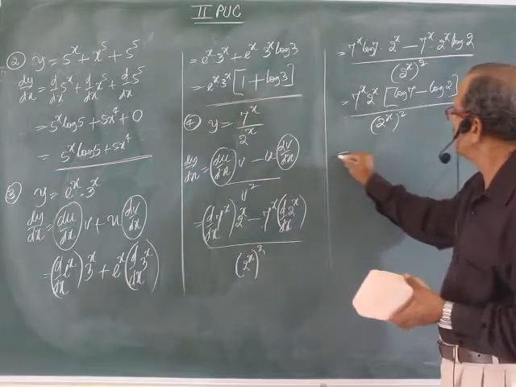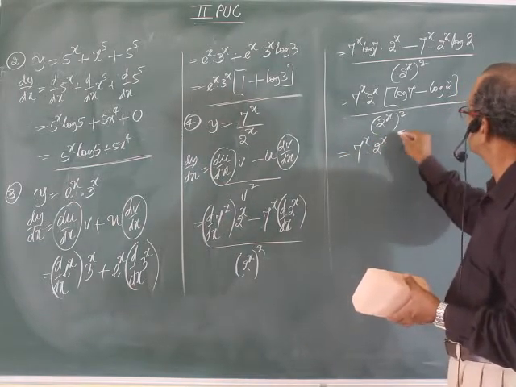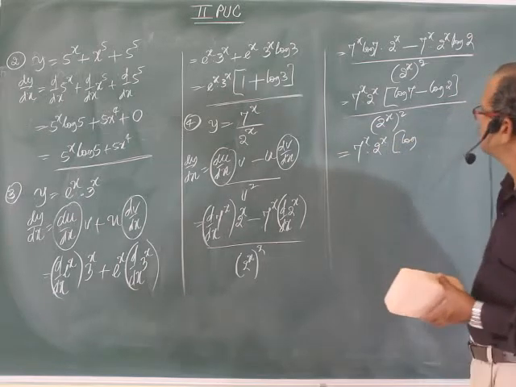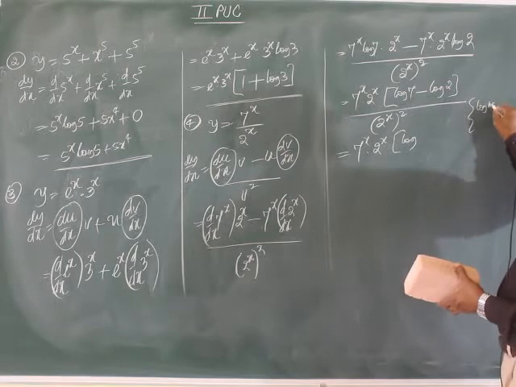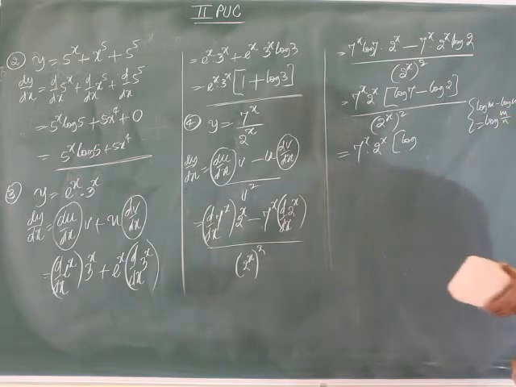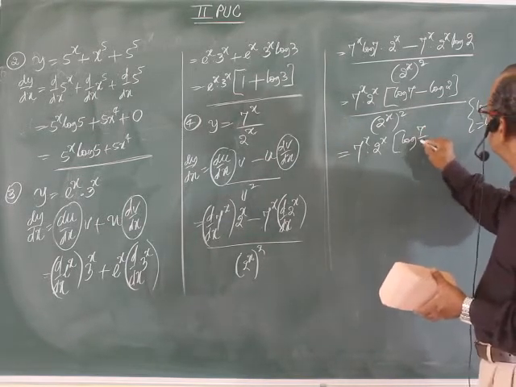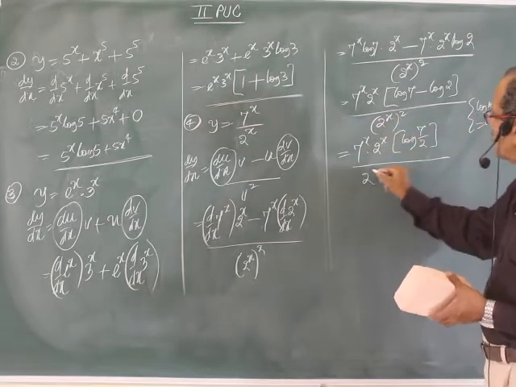Or it is 7 to the power x, 2 to the power x, log m minus log n. You may be remembering this particular formula: log m by n. So I can write this one as 7 by 2 divided by 2 to the power x whole square.